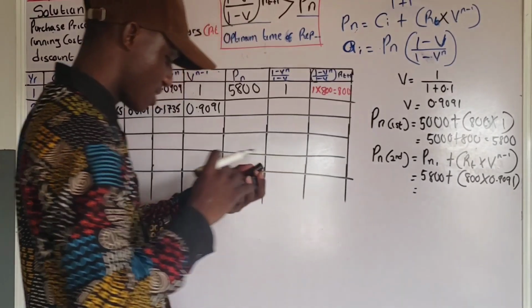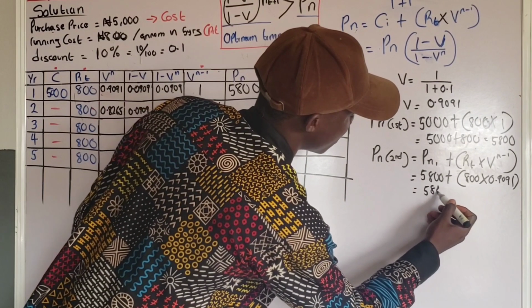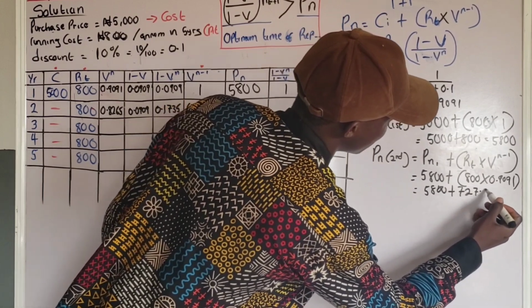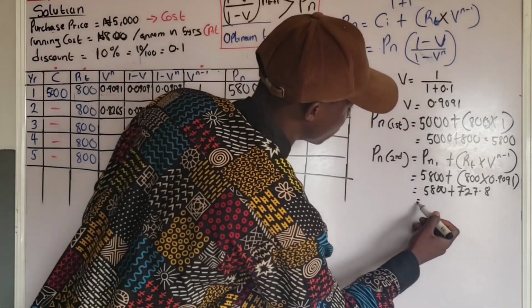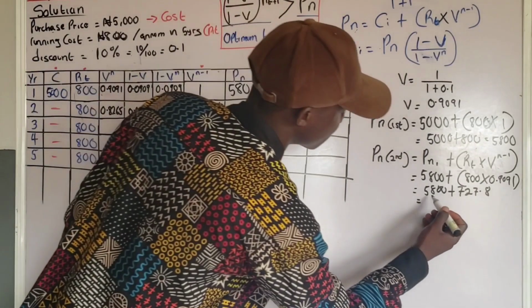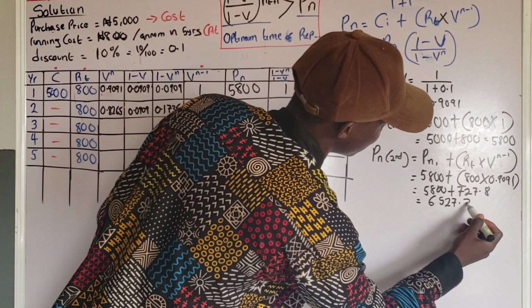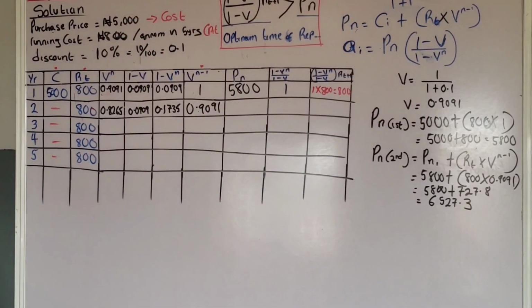If you multiply 800 by 0.9091, that is 727.3. So I'm going to have 5,800 plus 727.3. If you add this together, that is 6,527.3. I hope I'm correct. That is the Pn for year 2.